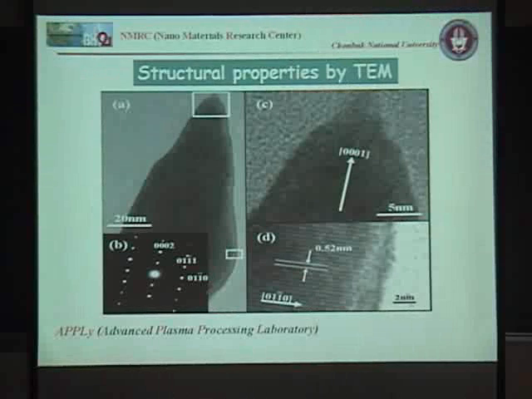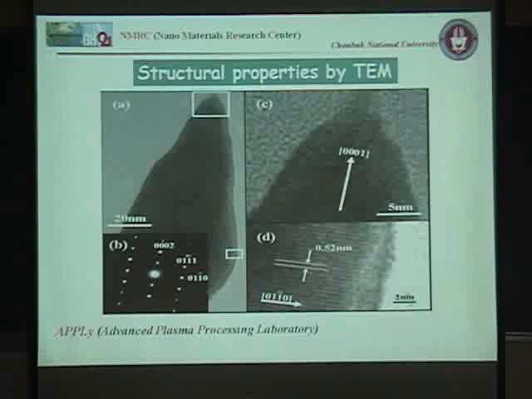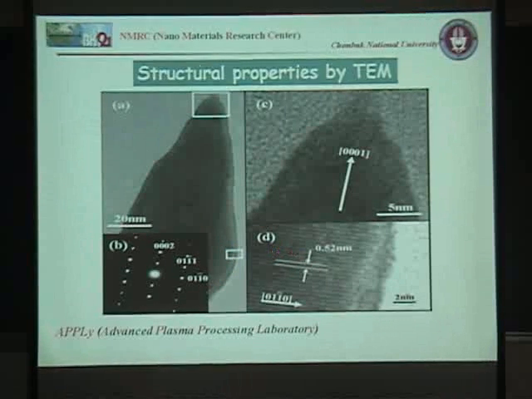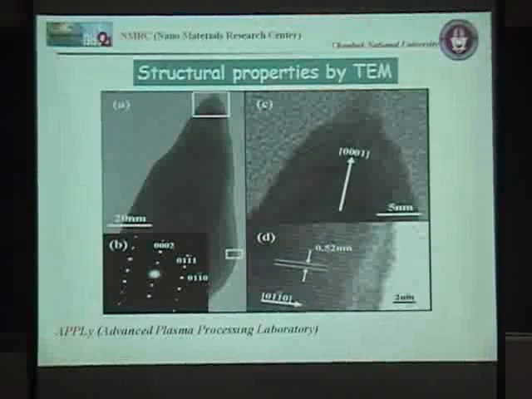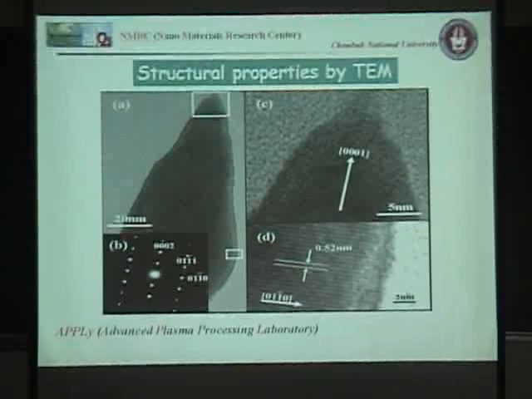The HRTEM image of the upper portion of this needle-shaped structure is shown here, while the lower portion is here. From this HRTEM image, we can predict that the distance between the two fringes in these zinc oxide nanostructures is about 0.52 nanometer, which is equal to the lattice constant of zinc oxide.